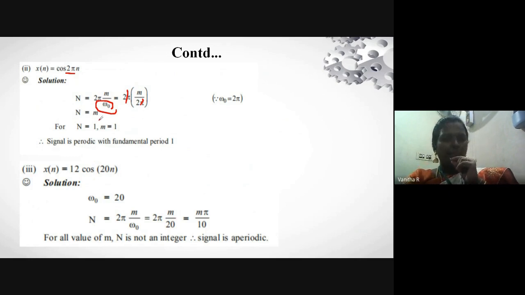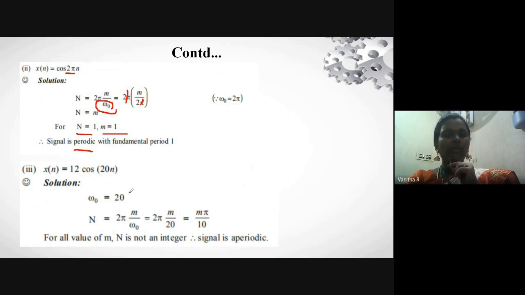So now I am going to fix the m value, thereby I can make n an integer. Simply, I can substitute m as 1, 2, 3, 4, 5, any values. But what is the criterion we have? The minimum value of m has to be substituted. So I'm taking m value as 2. Thereby, I'm making n value as 1. Since I'm getting n value as an integer, the signal is periodic.